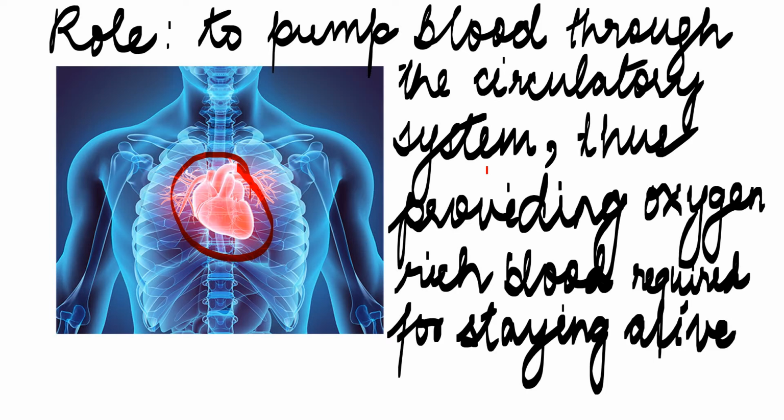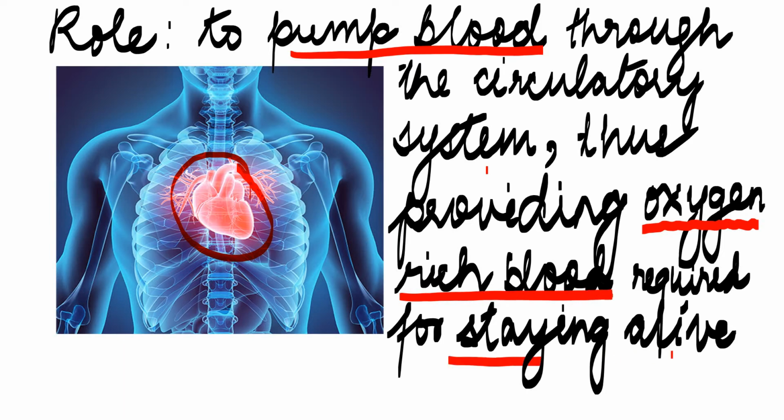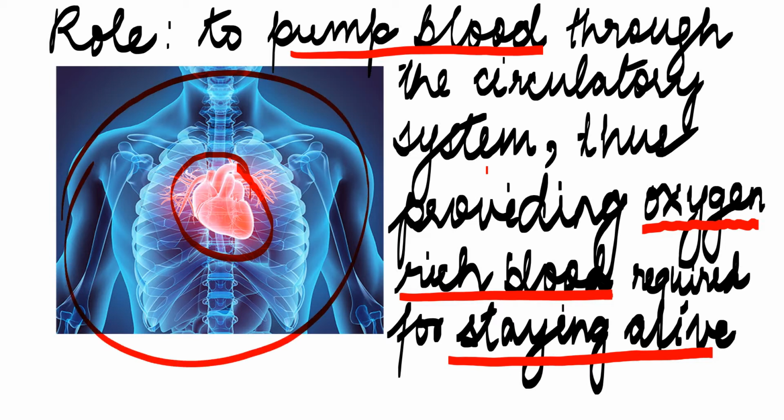All right, so what is the role? To pump blood through the circulatory system, thus providing oxygen rich blood required for staying alive. We stay alive because oxygen rich blood is getting circulated in our entire body.